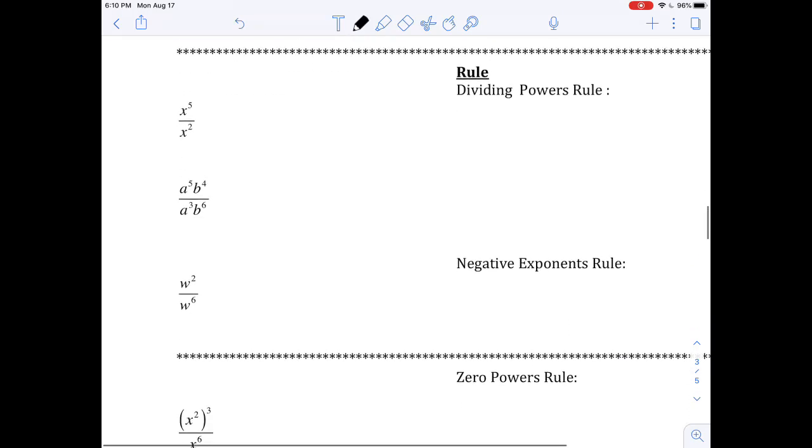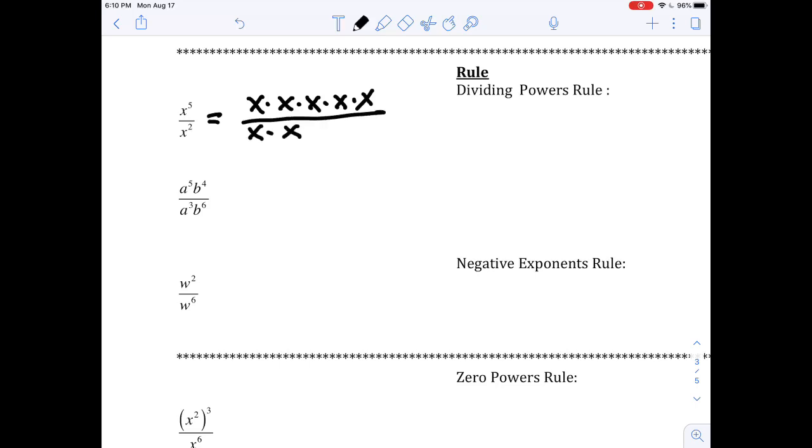Moving on to dividing shortcuts. So if we look at the first one, we have x to the 5th over x squared. So again, if we always go back to our expansion, 1, 2, 3, 4, 5 x's over 2 x's.